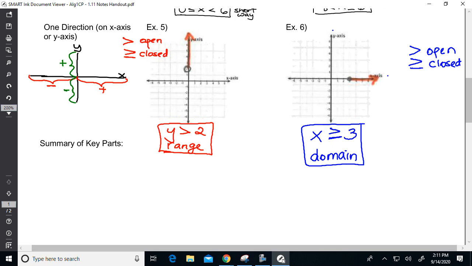The main parts, the parts that I've noticed are the harder parts: when do you use less than or just greater than? When you have an open circle. You use less than or equal to and greater than or equal to when you have a closed circle.